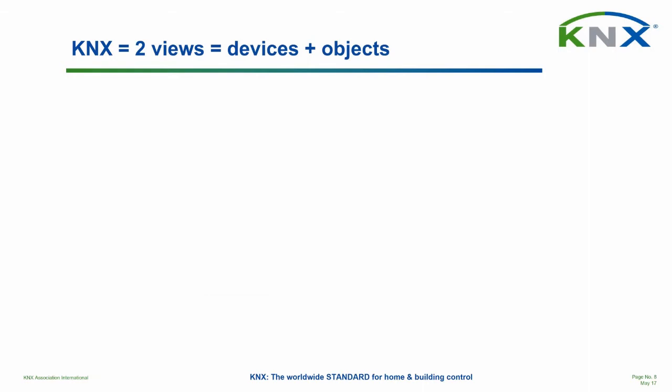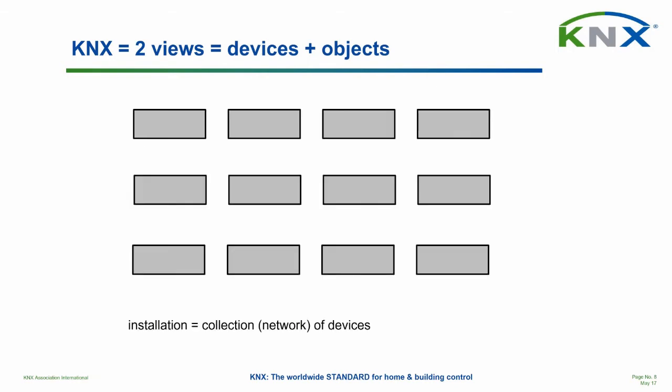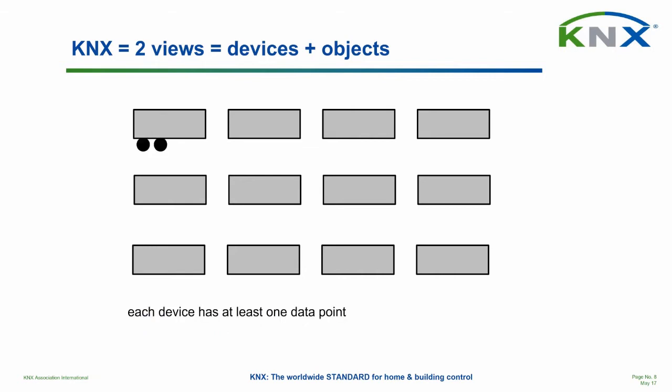Then the next topic is that if we look at the KNX installation, we can distinguish two views. If we consider this device here, this rectangle, then a KNX installation is a collection of rectangles, a network of devices.